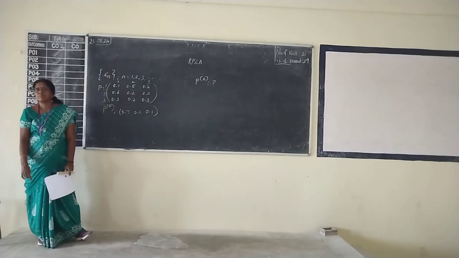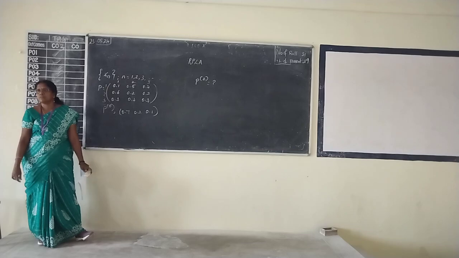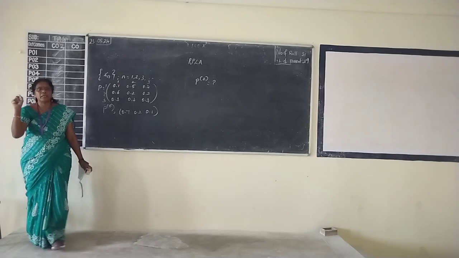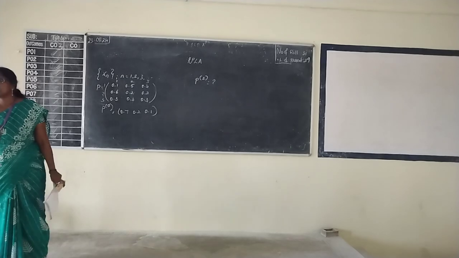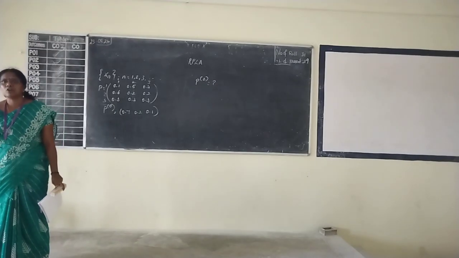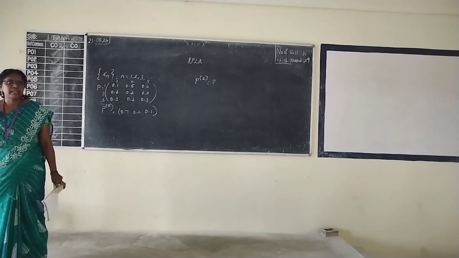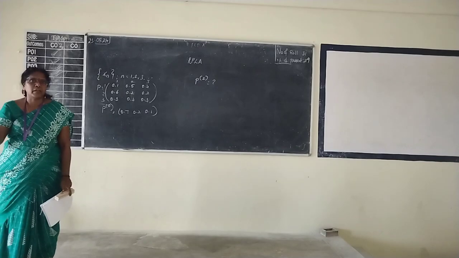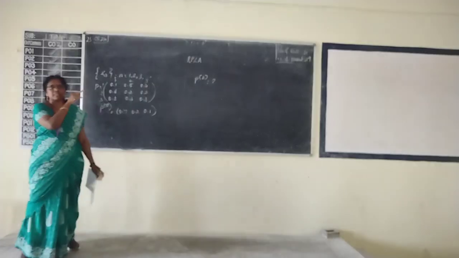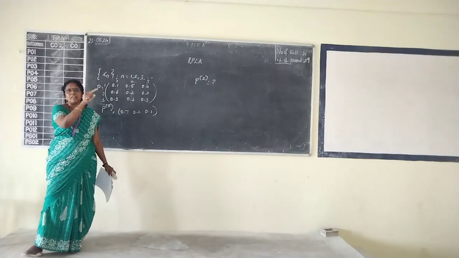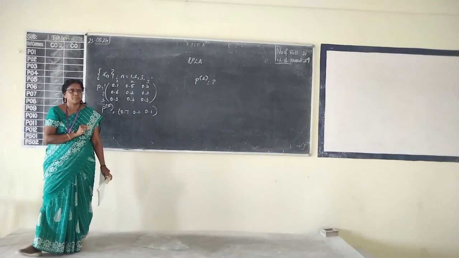Any doubt? Probability of X2 equal to 3. The right-hand side is the state. The suffix is the step. In the second step, you need the value of the third state. So first we must find the chances in the second step, and then you can identify the third state value.